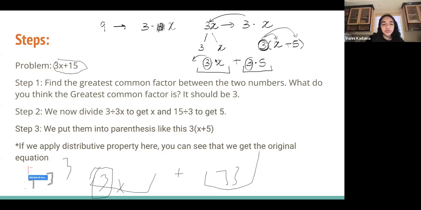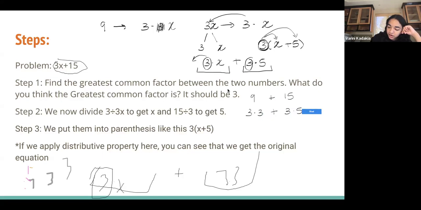You're not removing the 3, you're factoring it out. So what that basically means is that you're creating two things that you can multiply to each other. So instead of 3x, let's say we had 9 plus 15. The way this works is that you would split 9 into 3 times 3 and 15 into 3 times 5.